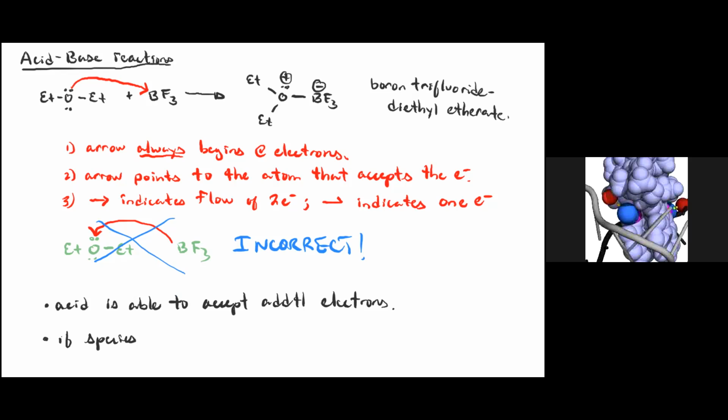if a species has an octet, other reactions occur, such as, and we'll talk about a substitution reaction. Okay, and so again, this is best illustrated with an example.